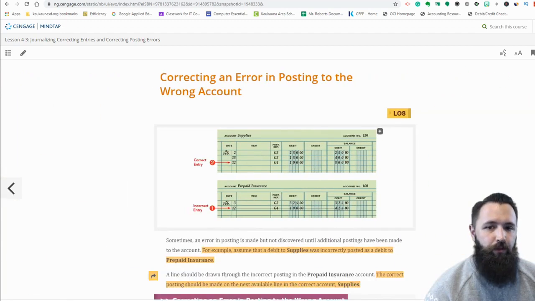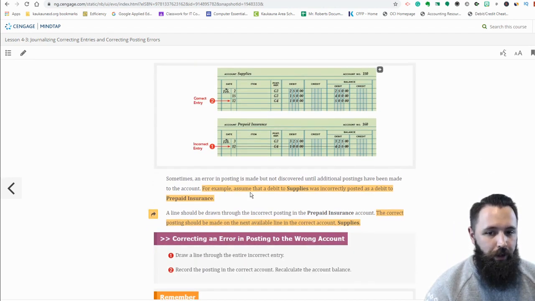But if we've actually posted to our ledger, and you see here we have supplies and prepaid insurance. If we posted to the ledger incorrectly, well, we're going to have to remove that, okay? And remember, we're writing all this in pen. We don't just automatically erase it, right? We're going to have to cross it out.